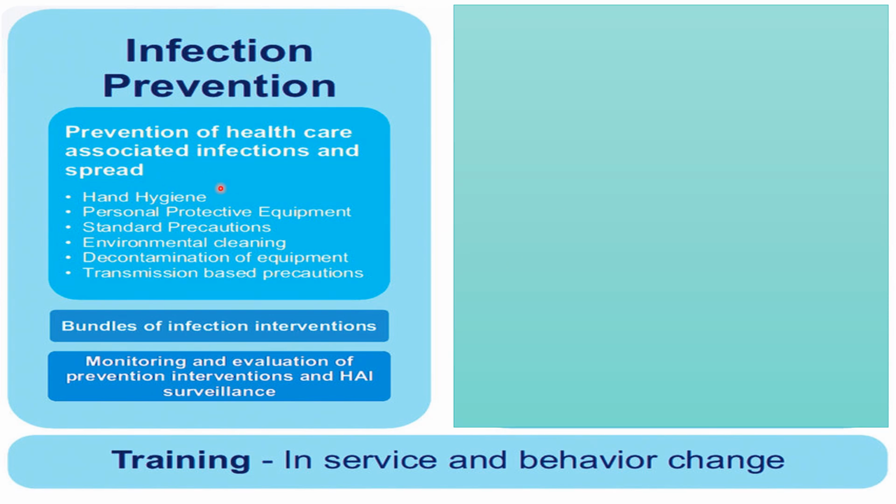Infection prevention and control prevent healthcare-associated infections, usually through hand hygiene, personal protective equipment, standard precautions, environmental cleaning, decontamination of equipment, and transmission-based precautions. They have bundles of infection interventions, and they monitor and evaluate the prevention interventions and hospital-acquired infections.